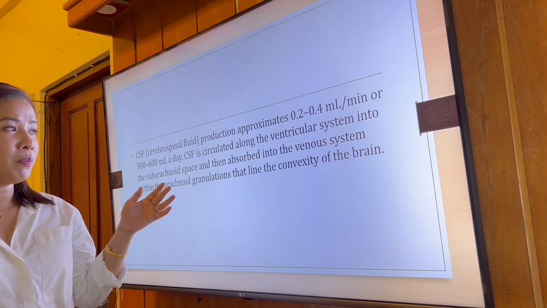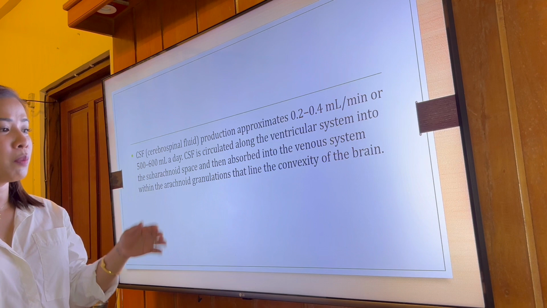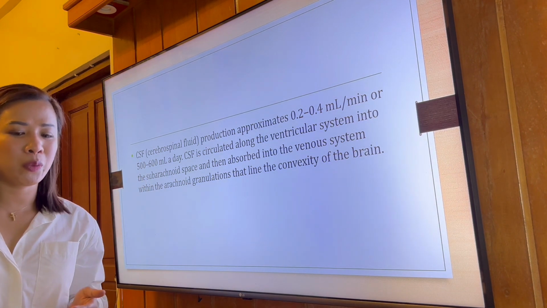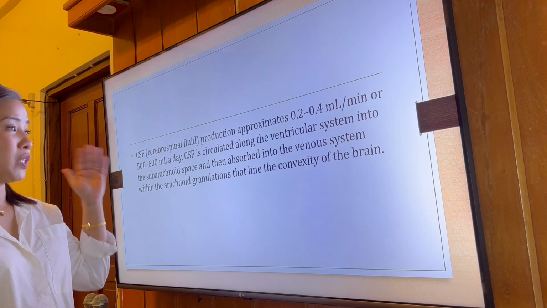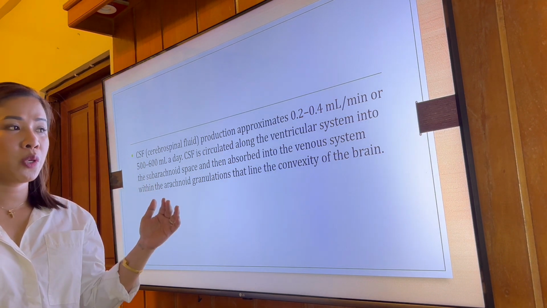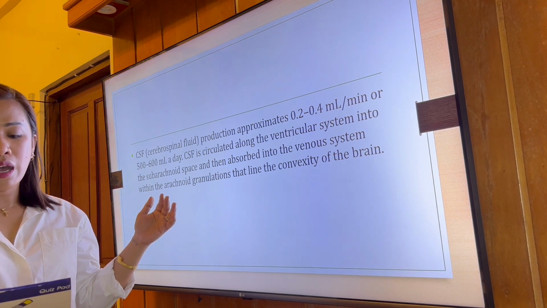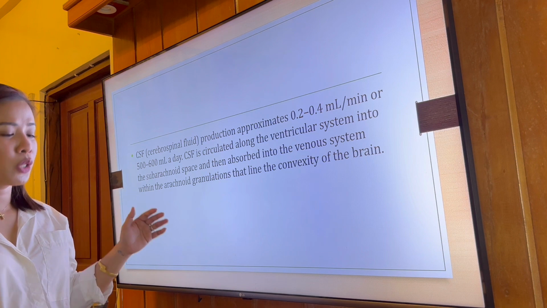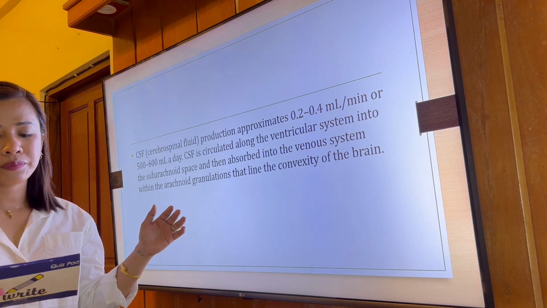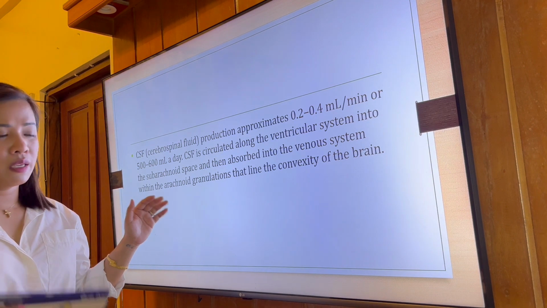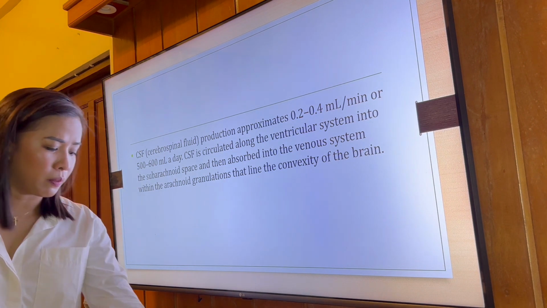An equilibrium normally exists between its production and absorption. So a disruption of this equilibrium that is caused by intraventricular bleeding or intraventricular blood can cause intracranial hypertension.